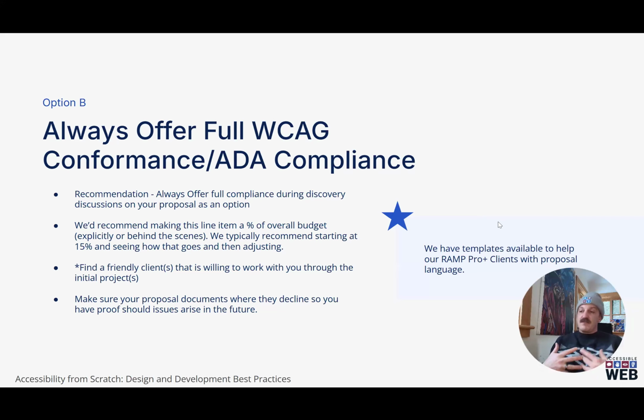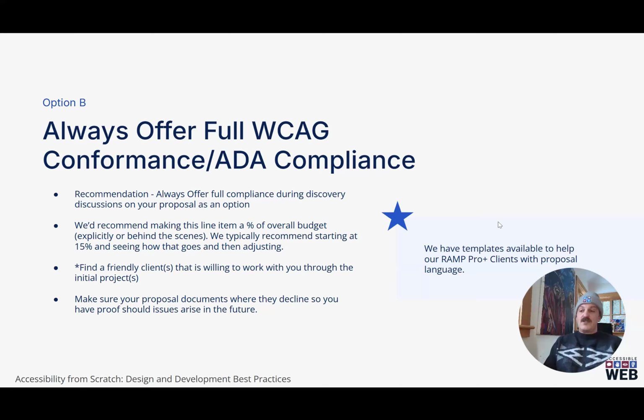So just to remind folks, if you weren't on the previous call, automated scanners can catch about 35% of WCAG success criteria. That number is pretty widely ranging depending on who you talk to, but it's about 35% of accessibility issues or success criteria. The other 65% need to be manually audited.